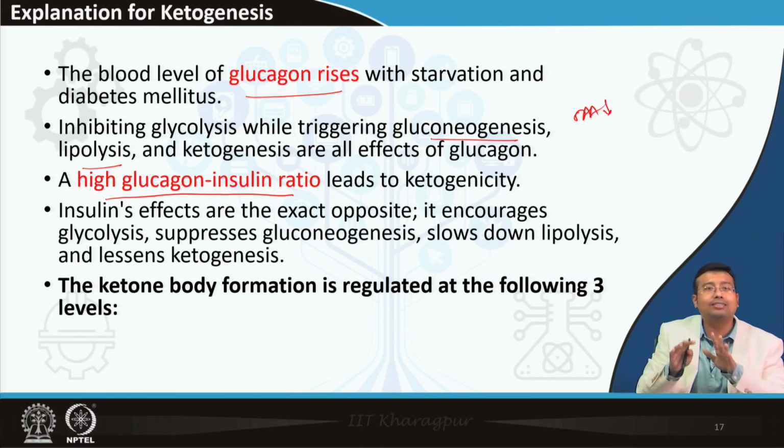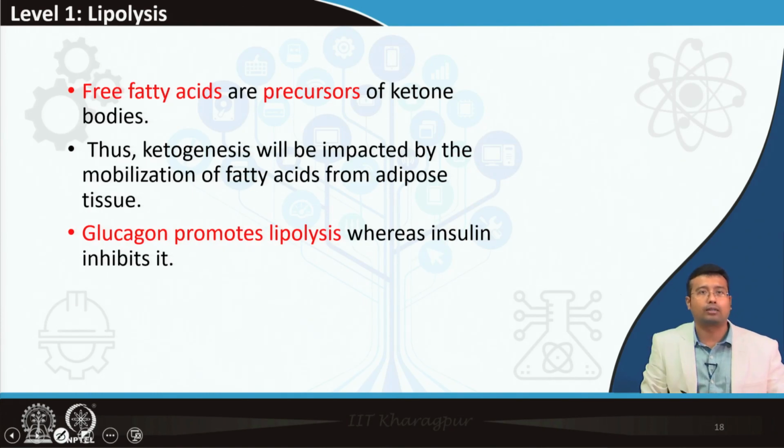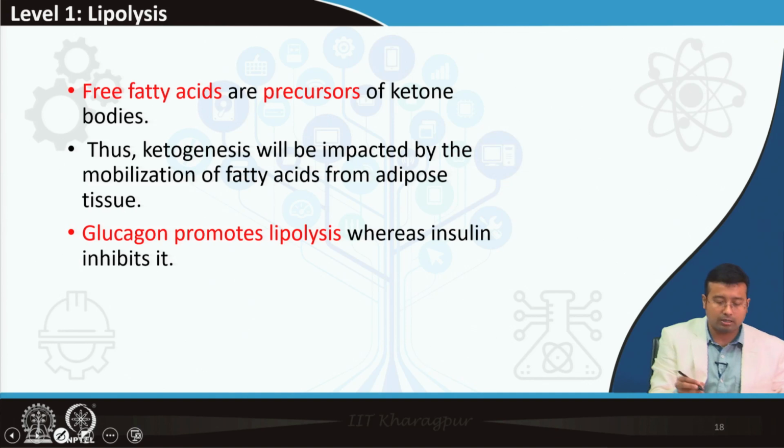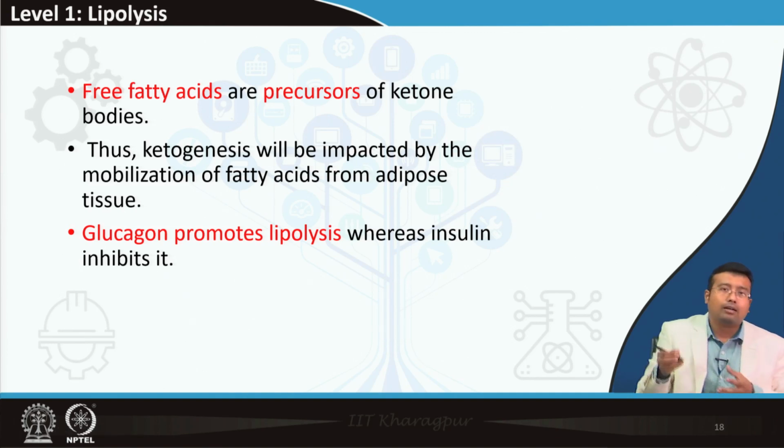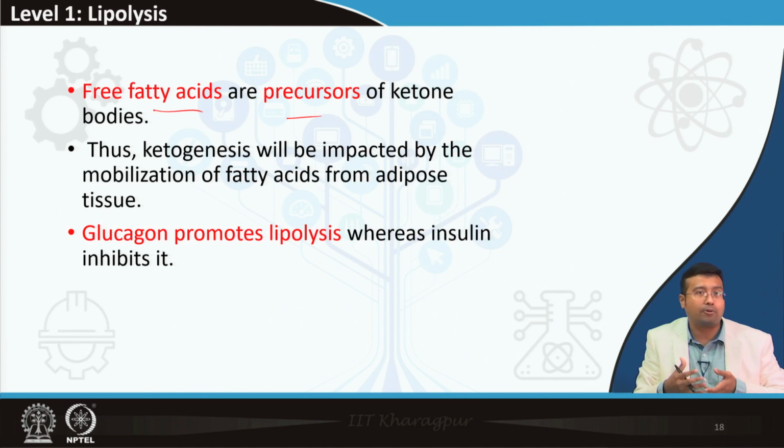So, let us see whether this ketone body formation can be controlled or not. If we know the stages of ketone body formation, we can easily regulate its production. So, number one, the precursors of ketone body production, that is free fatty acids, when they are broken down via the action of glucagon or lipolysis.